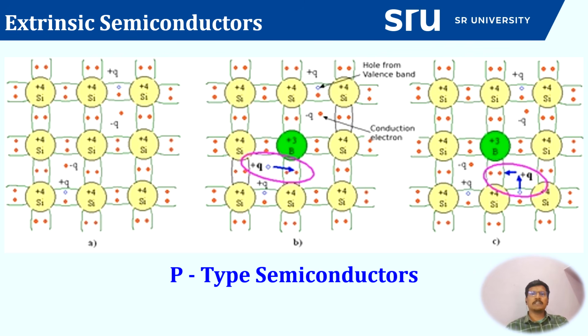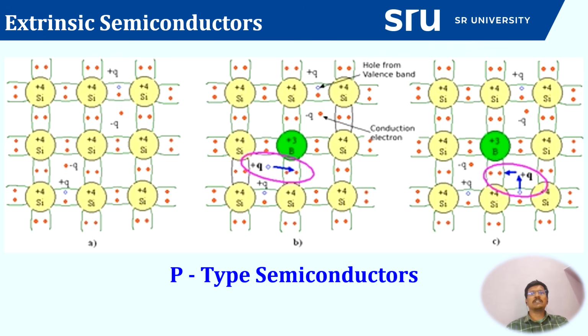P-type semiconductors are equally important in electronics. When p-type and n-type materials are joined together, they form a PN junction, and based on this PN junction, diodes are developed.